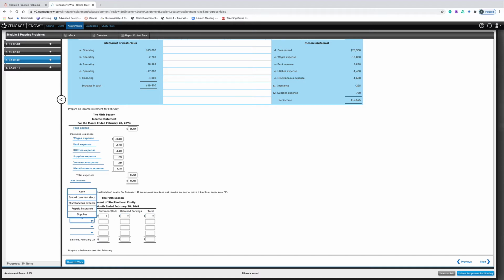And then the first thing we did was we issued common stock, which gave us a balance in common stock of $15,000, right? And then the next thing was we had net income of $10,525.